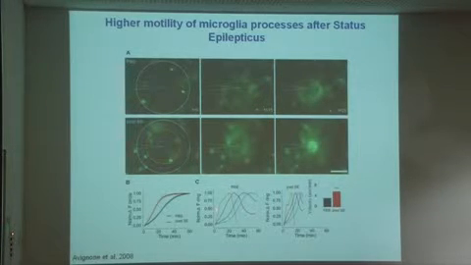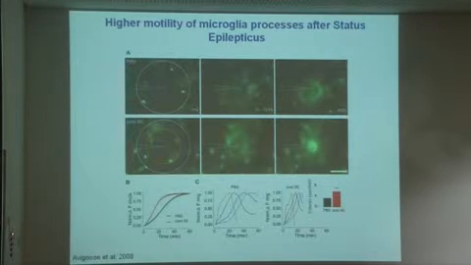And you see here how the wave goes through rings that are more and more close to the center of the field. And by knowing the distance between each ring and the distance between each of these peaks, you can derive the velocity of these waves of fluorescence. And this is what is plotted here. We have a doubling of the velocity of the processes of the microglia toward a source of ATP.